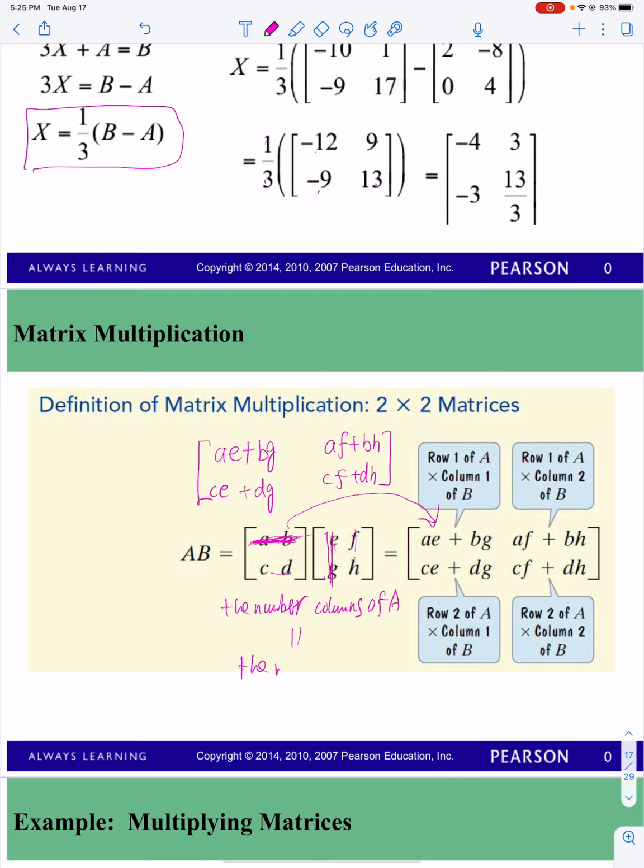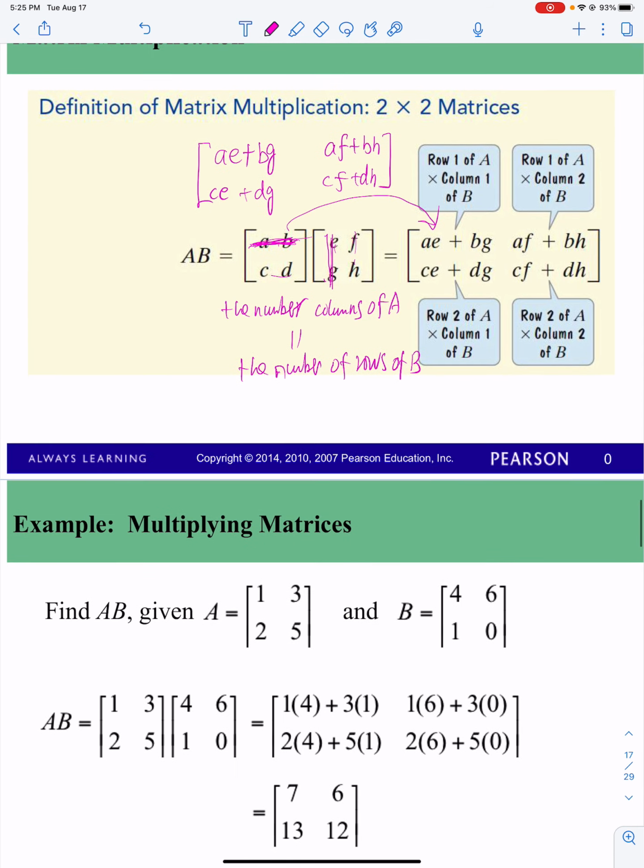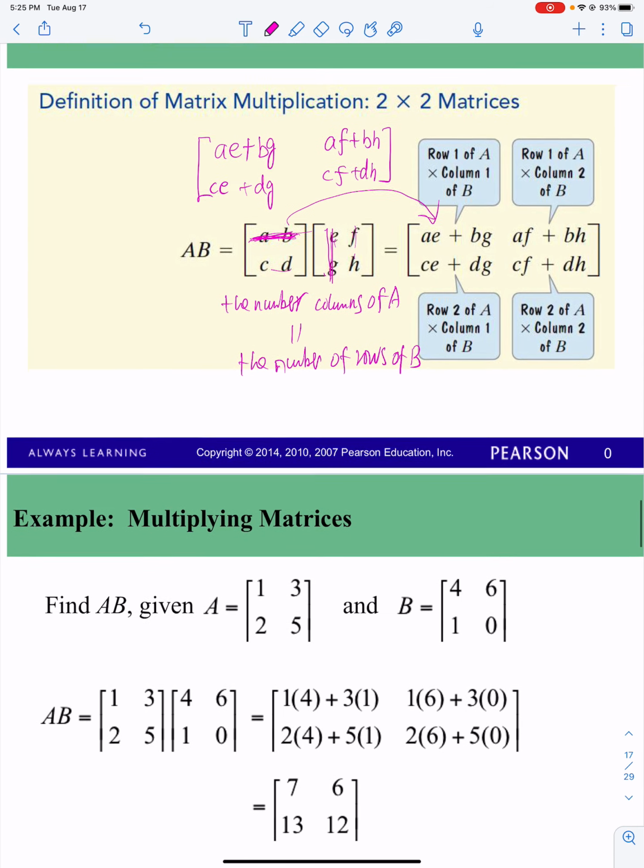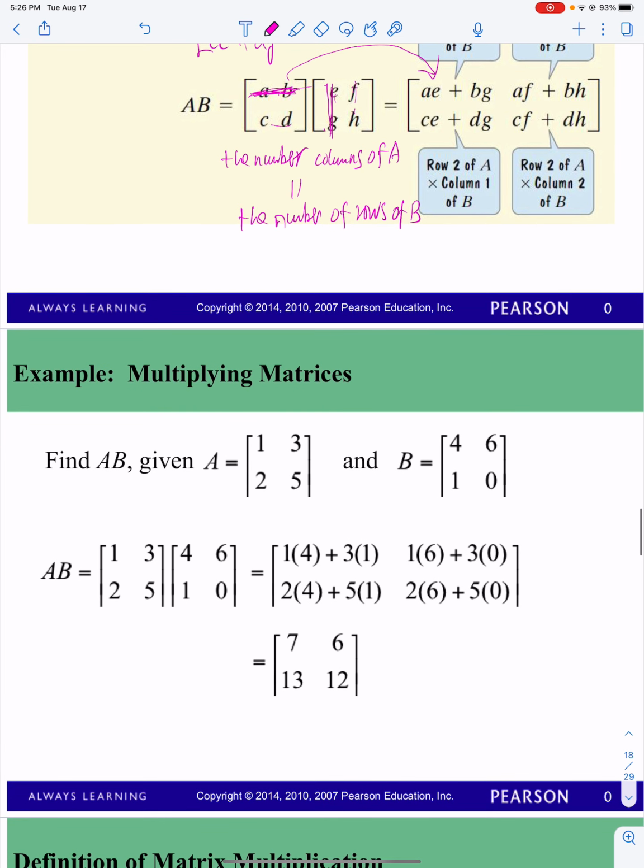The number of rows of B. Otherwise, you do not have exactly the same amount of numbers, and then you cannot do the multiplication. Okay, so later on we will be able to find it.